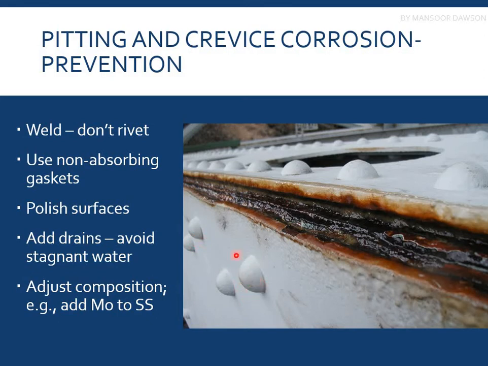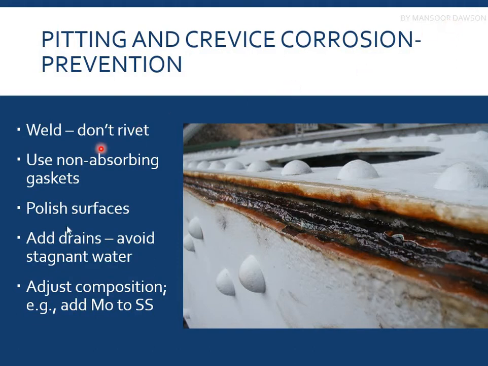These very tiny openings can trap the corrosion medium and start the oxidation. Use non-absorbing gaskets. You should not use metallic gaskets, which may be consumed during corrosion. You should use plastic gaskets or rubber gaskets.